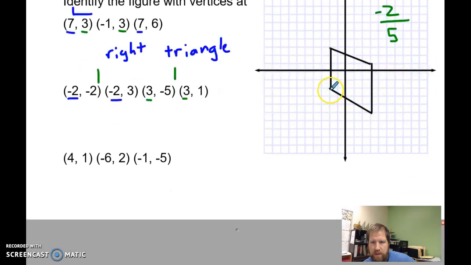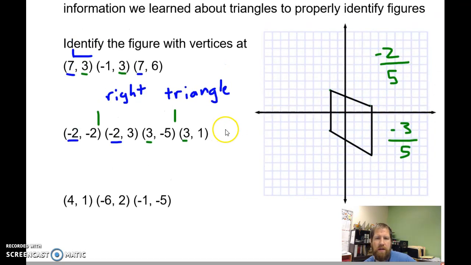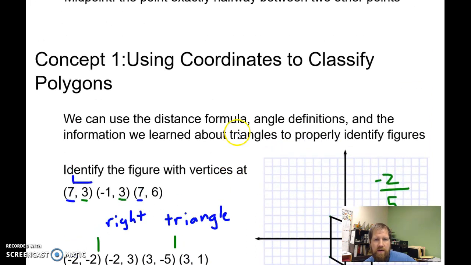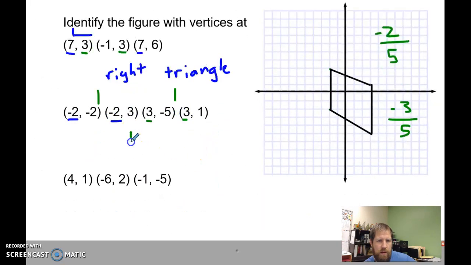And this one's going to come down 3, and it's still going to go over 5. So I've got different slopes. So these are not parallel. I don't have a parallelogram, but I do have one set of parallel lines, so it's going to be a trapezoid. So I've got a trapezoid.